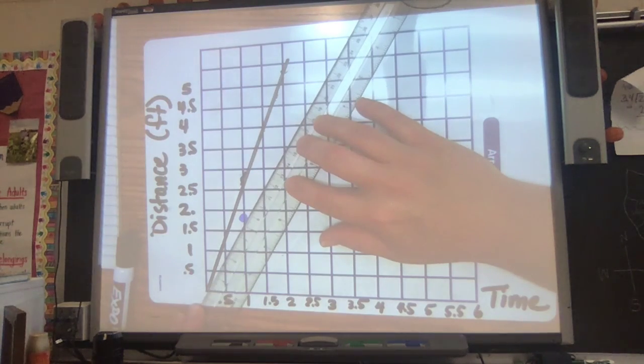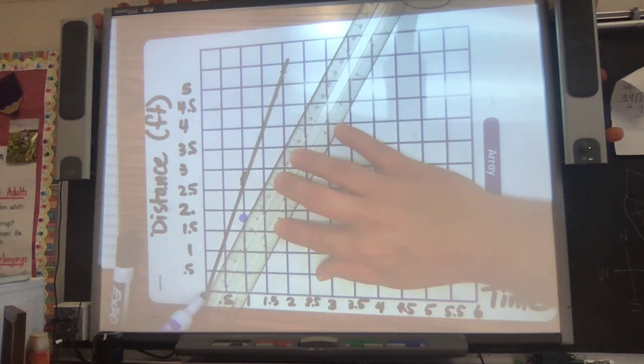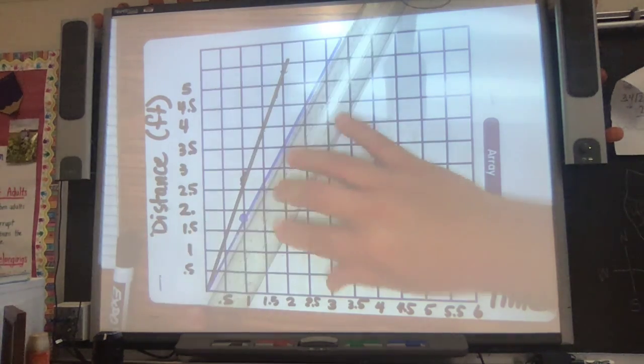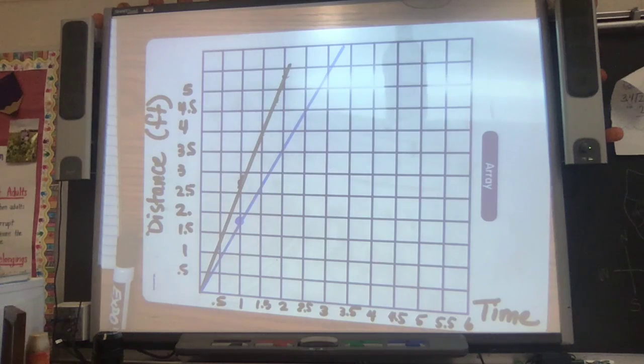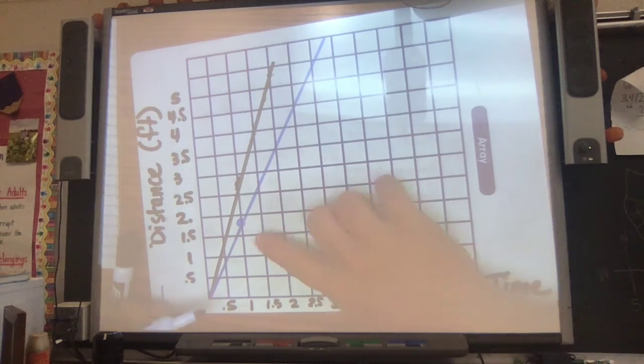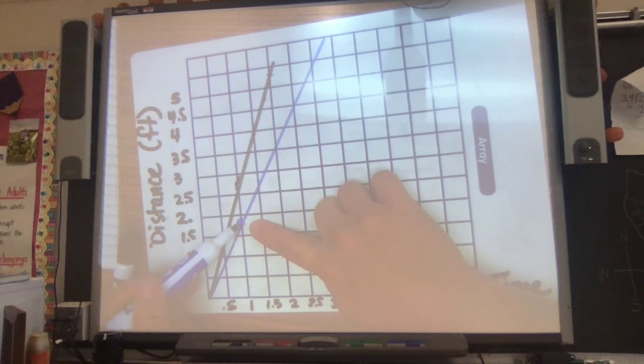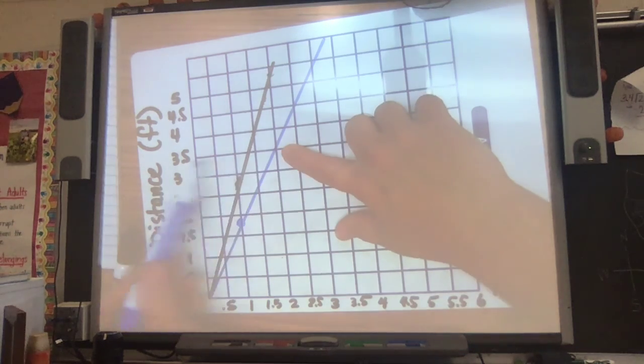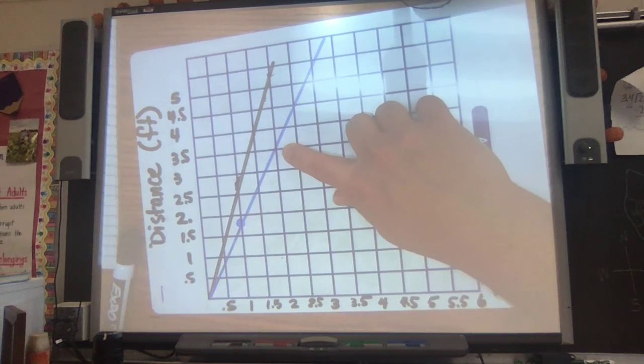And I want you to take a look at what you see. So the next car, it only went 1.92 feet per second. In 2 seconds, it would go right about 3.5 feet.